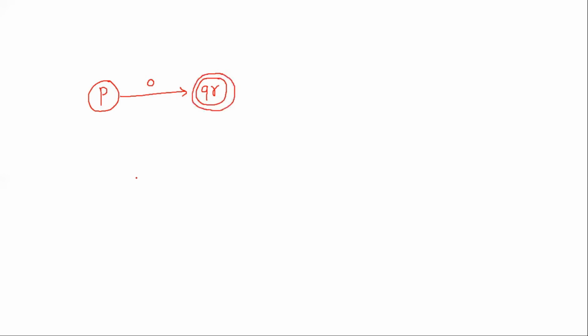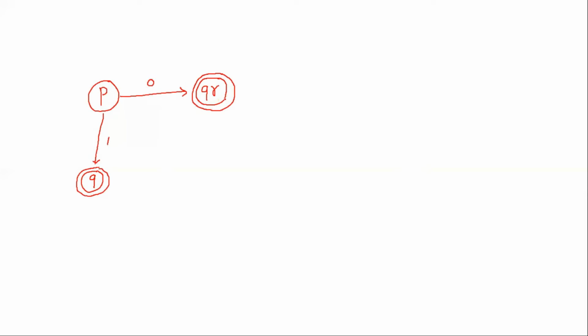Then we will find out transitions from P for the input 1. Now P state for the input 1 goes to Q. Again this Q is a final state. Then we will find out transitions from QR for the input 0 and 1. That is delta Q comma 0 union delta R comma 0.